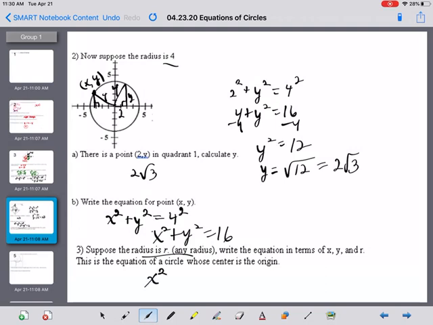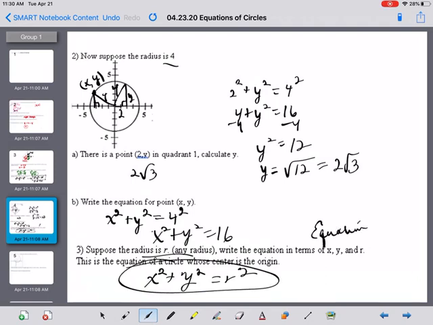We don't know the radius. Well, then it's just x squared plus y squared equals r squared. This is the equation of a circle whose center is the origin. You could even type these into Desmos and see the circles that way as well.